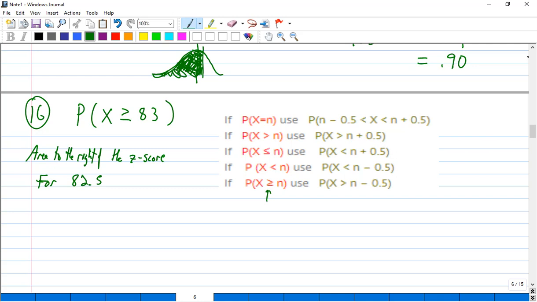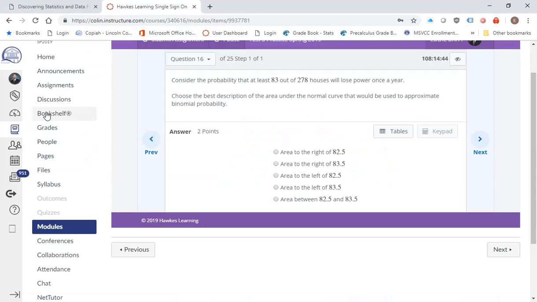Let's go back and look at our choices. All right, so the area to the right of 82.5. So it's this first choice here. So that says to the right of 83.5, to the left of 82.5. And the reason why we need to go to the right is because it is an at least, which means greater than or equal to.